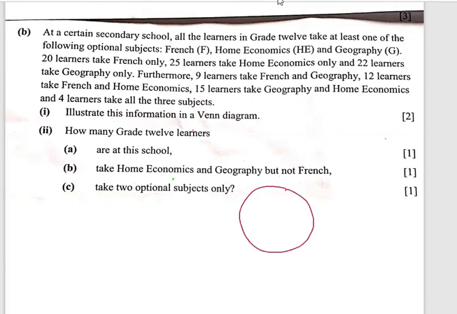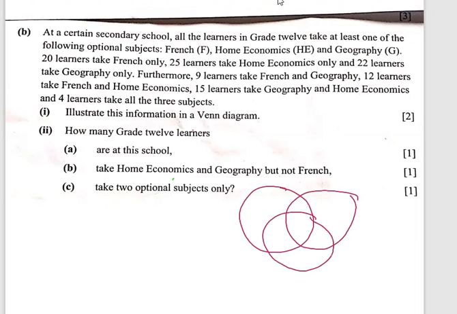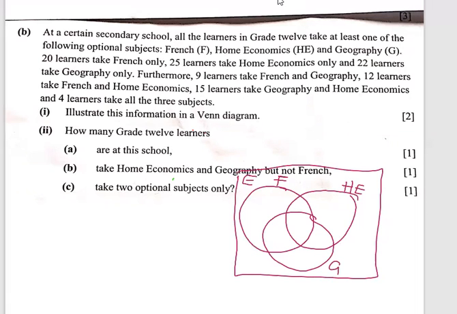So let me try to come up with one so that we can start from there. Take note. This is French, this is HE, which is home economics, and then G, we have geography.